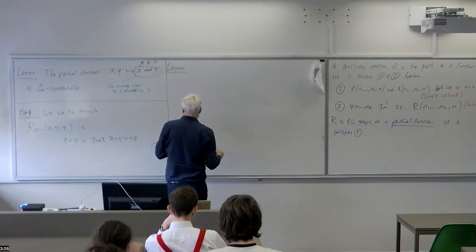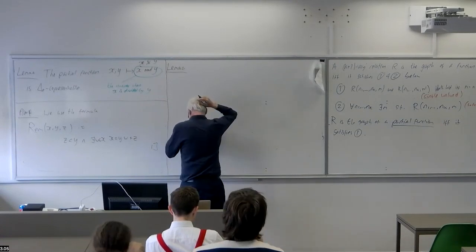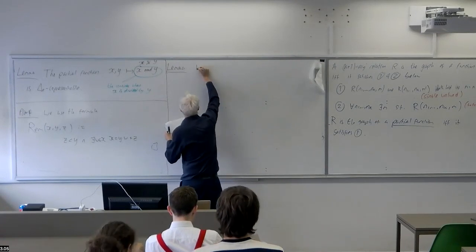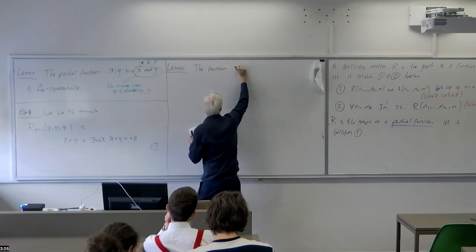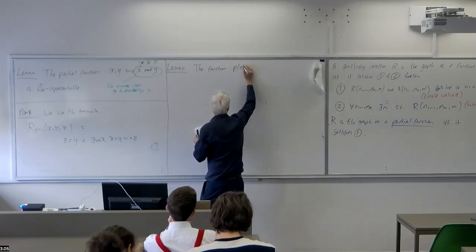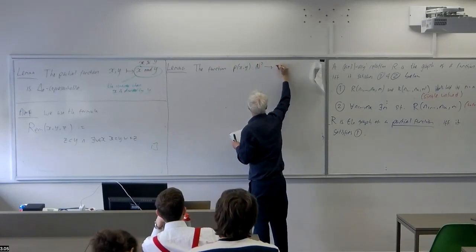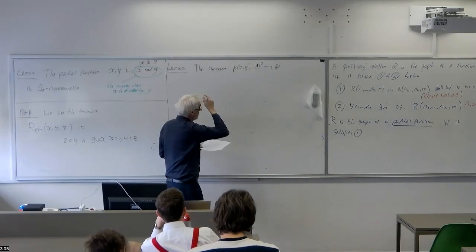So we're going to make use of a pairing function on the natural numbers, and this is the one I always like to use, and it's very easily defined here. So the function, which I call p of x y, is a binary function on natural numbers. This time it's total.